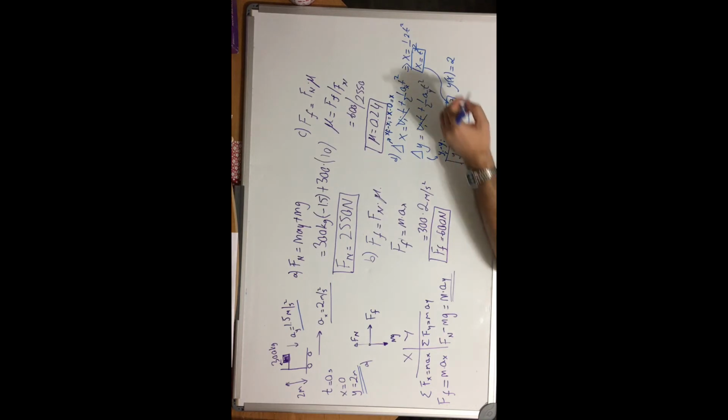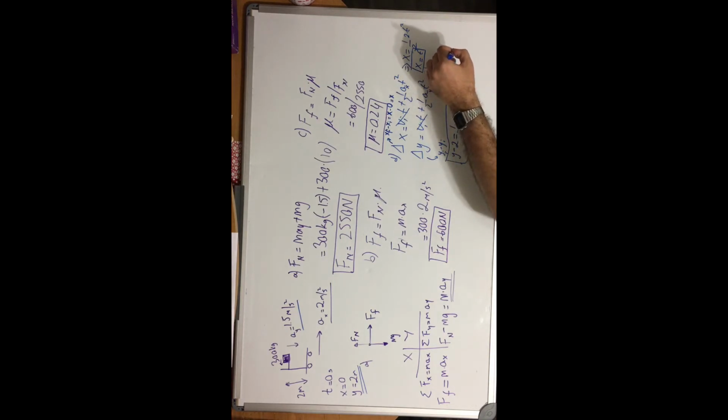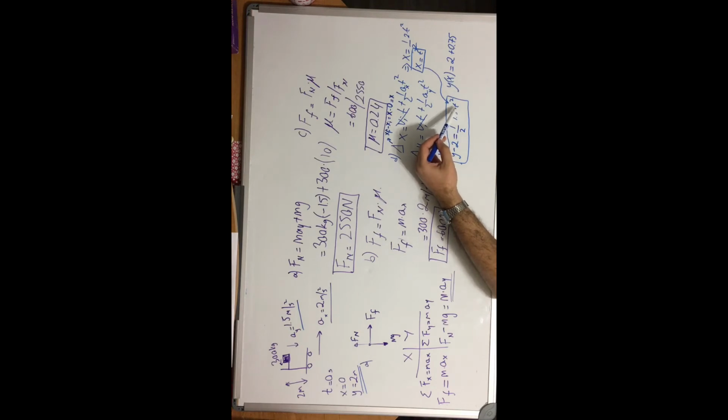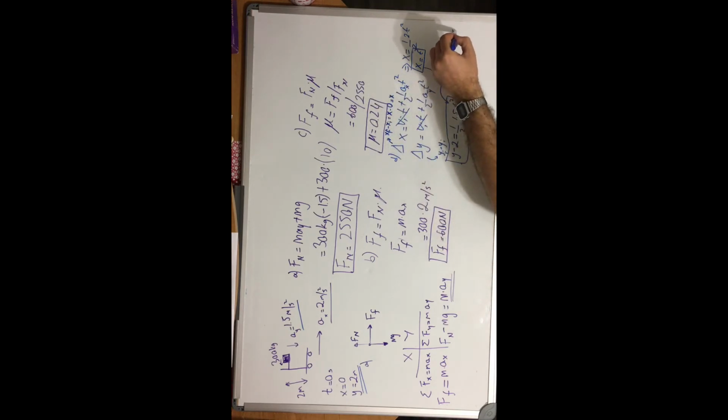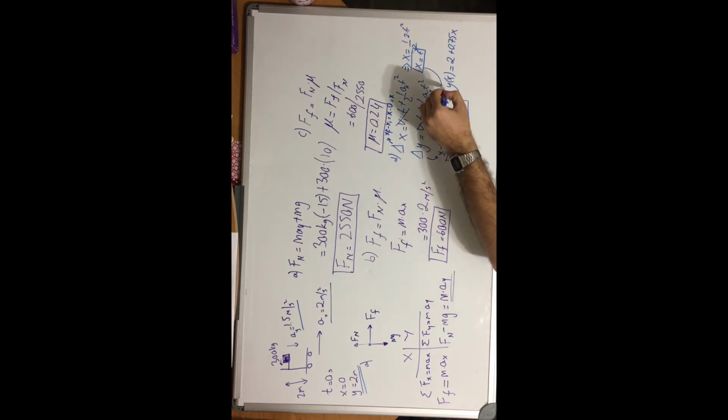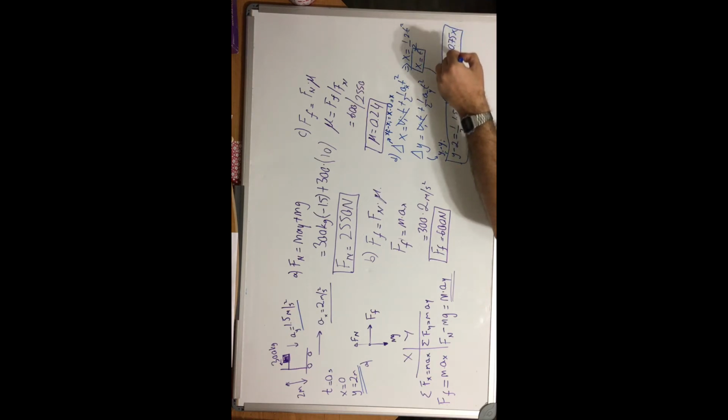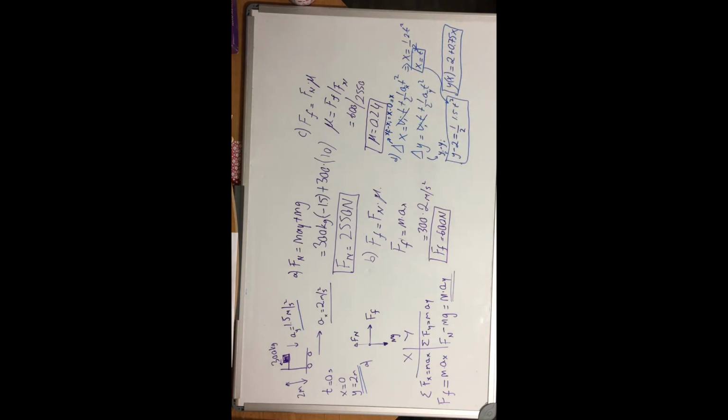So 0.75 times x. This is my function of y in terms of x. That is going to be the answer for part D.